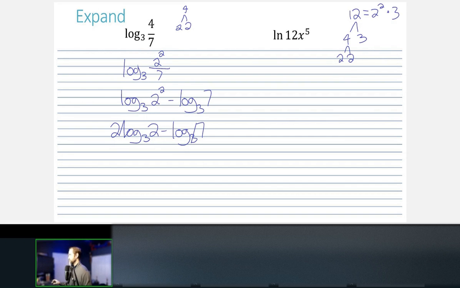And it doesn't matter the order. You can put 2 squared first and then the 3, or the 3 and then the 2 squared. It doesn't matter. I'll do what all of you said in chat and put the 3 first. So we got 3 times 2 squared times x to the 5th. All right, we got prime factors with exponents. Looking good so far.